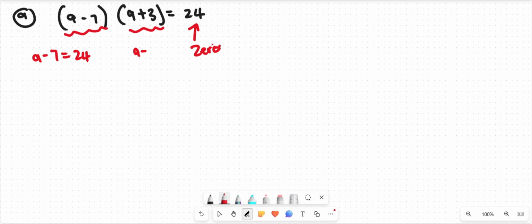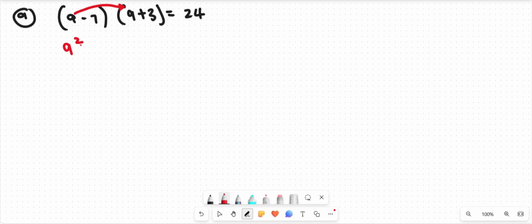But what you can do though, what would be correct, is to multiply out those brackets. So you FOIL them. A times a is an a squared. A times a 3 is a 3a. Negative 7 times a is a negative 7a.